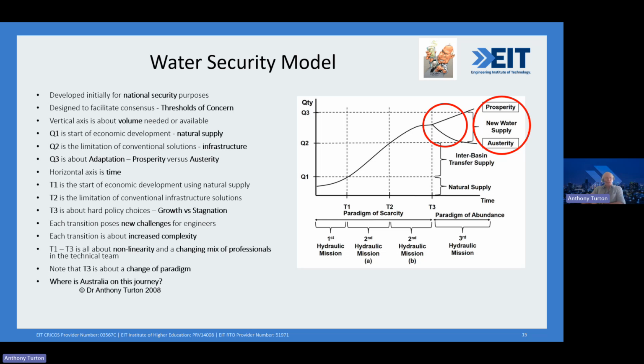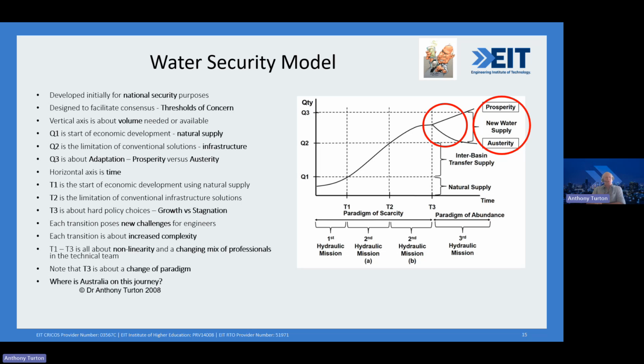This is a model that was developed, as I say, and it introduces a couple of concepts. So let's think conceptually now of new ideas, and one of those new ideas is a thing called a threshold of concern.